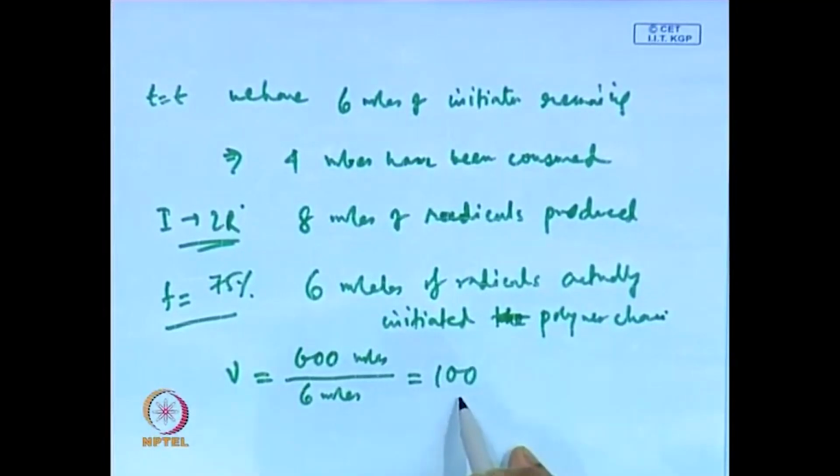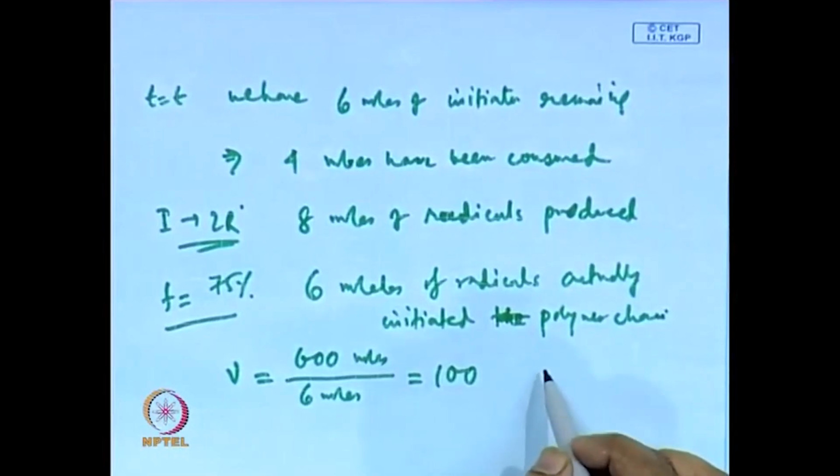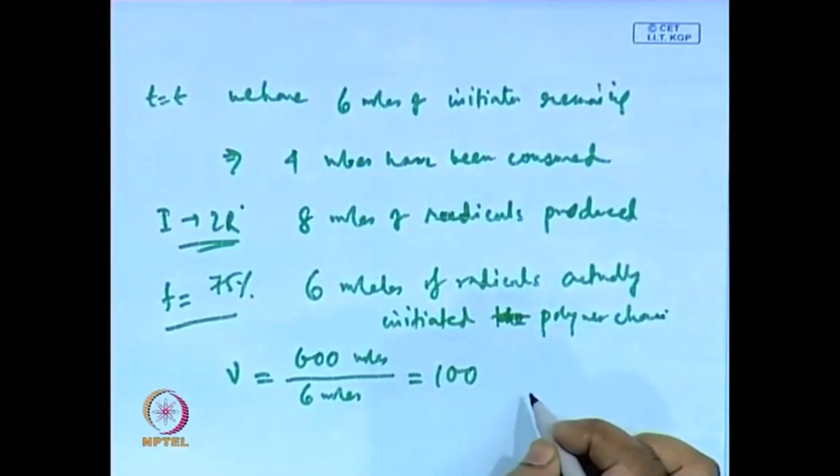So, 100 is the value of kinetic chain length, that means on average every chain before it undergoes termination reaction, which we call kinetic chains, has a number of monomer units of 100.